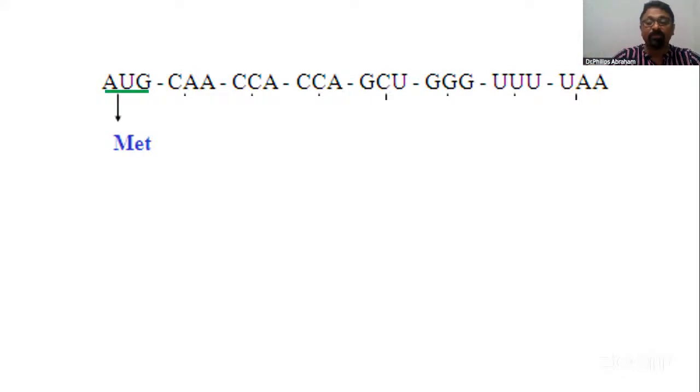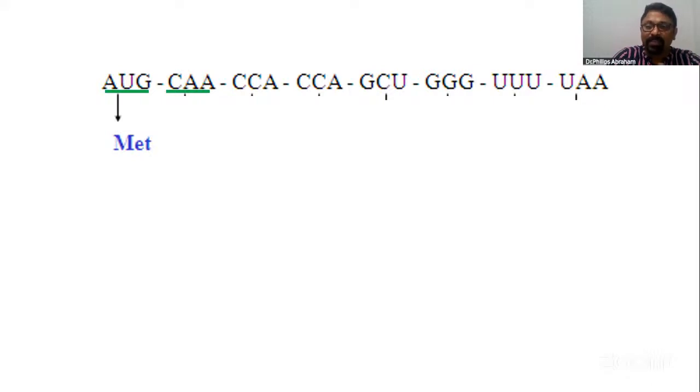After AUG, the next three is over. I don't want to skip to some other three. No, it should be continuous. So this is another feature: non-punctuating, non-overlapping.